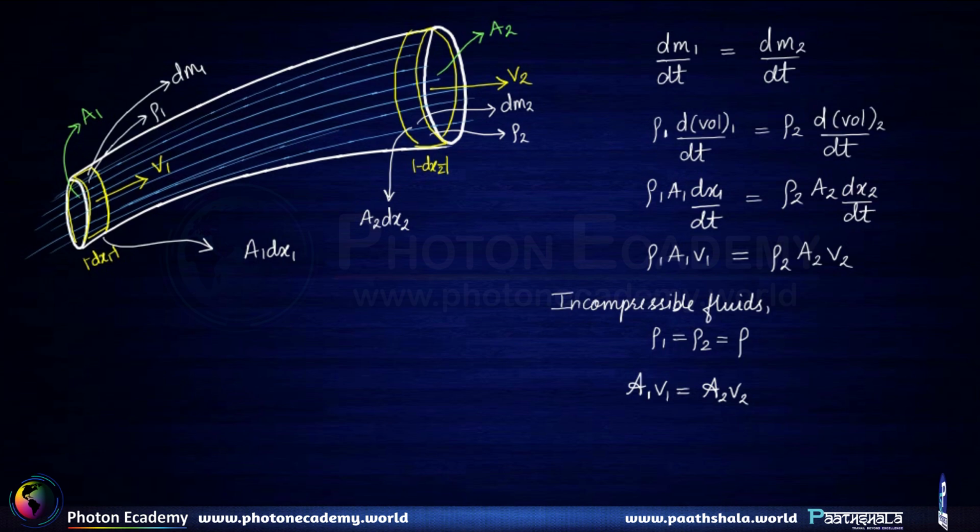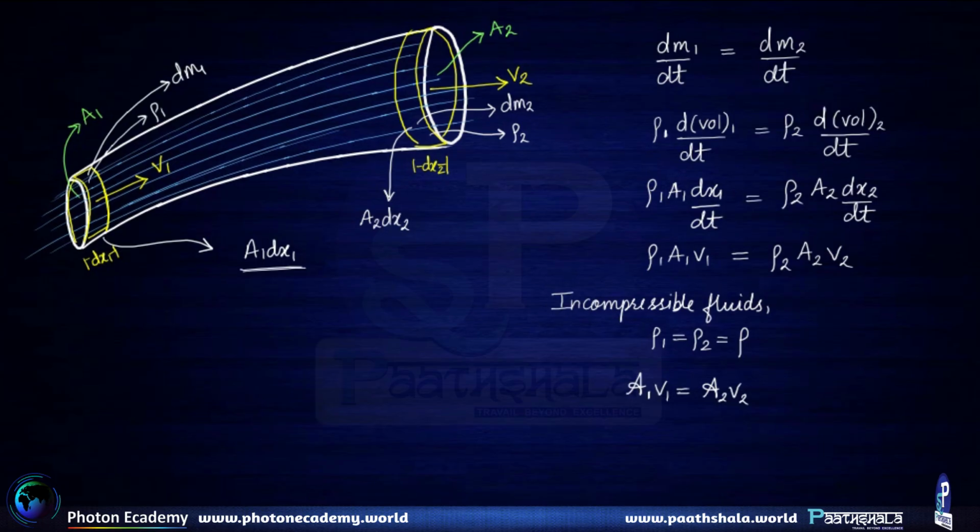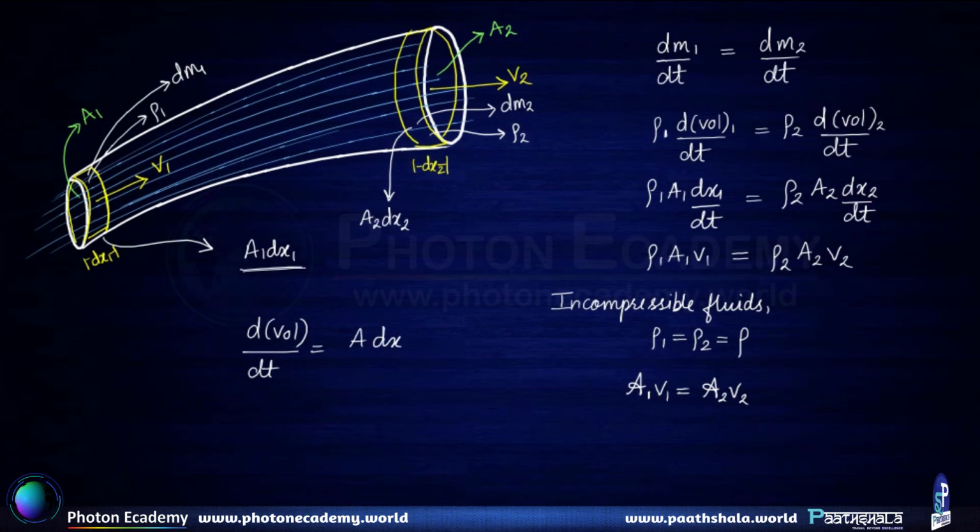Now if we were to analyze exactly what is the meaning of A1V1, then we understand that A dx is nothing but the volume dV. So this is nothing but d volume. I am avoiding writing d capital V in order to not confuse with the velocity. So I am writing d volume by dt is nothing but area into dx by dt, because d volume is nothing but area into dx.